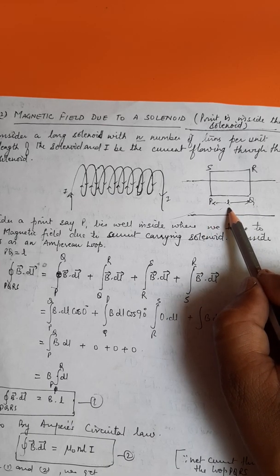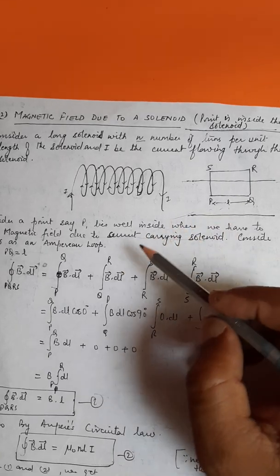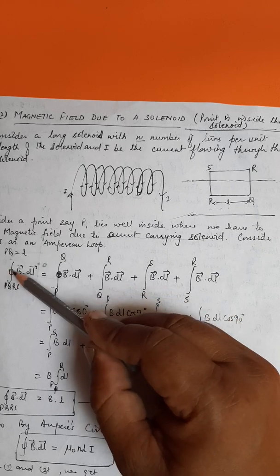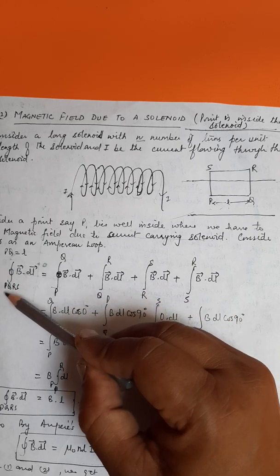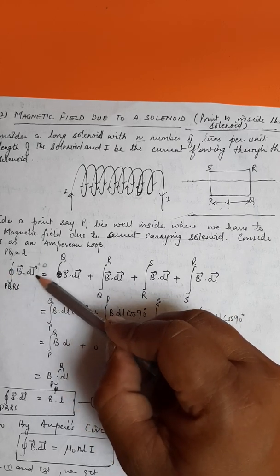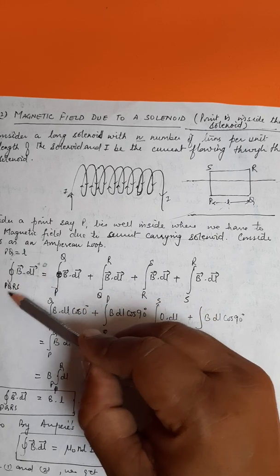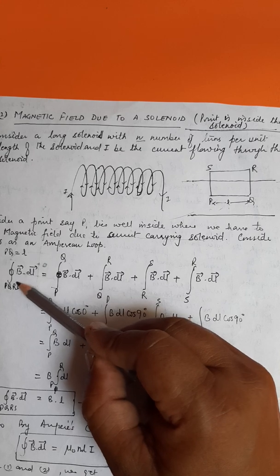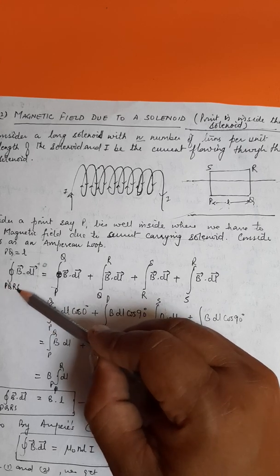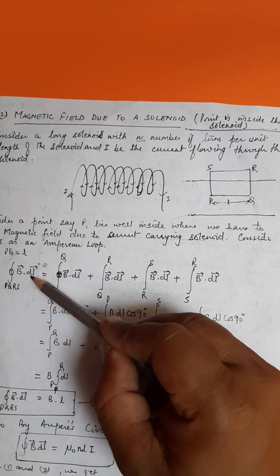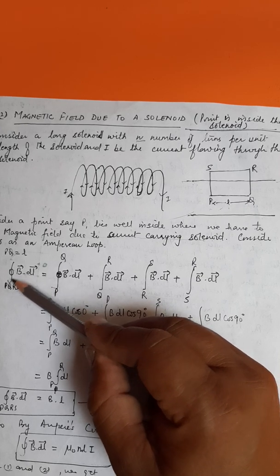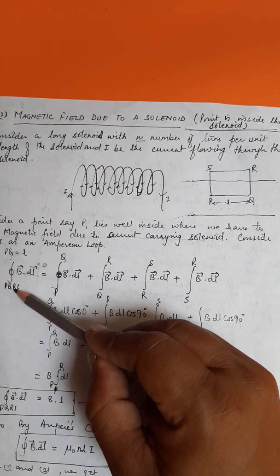So the closed integral of B dot dl for loop PQRS means the line integral of the magnetic field around the loop PQRS.